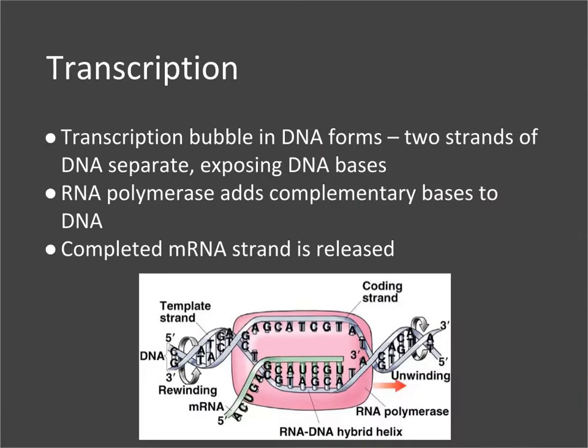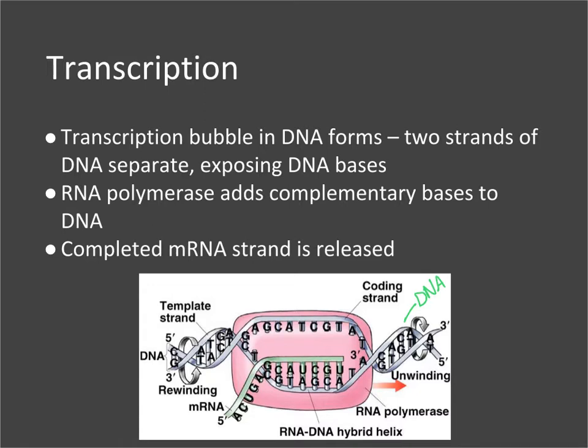And as you can see here, we've got our double-stranded DNA, and we have just one small area of the DNA that unwinds. So we're not completely separating the two strands of DNA like we did during DNA replication. Instead, we're just opening up the gene and a little bit of the area around the gene.